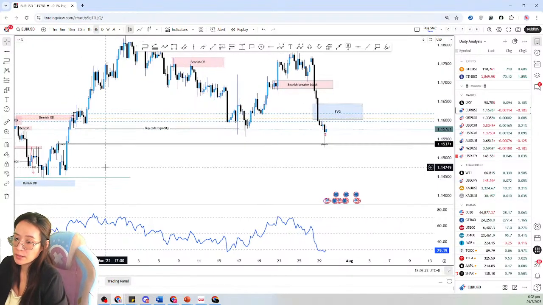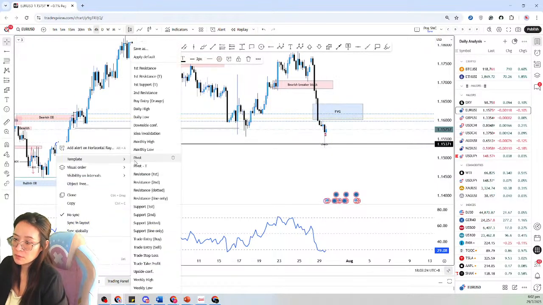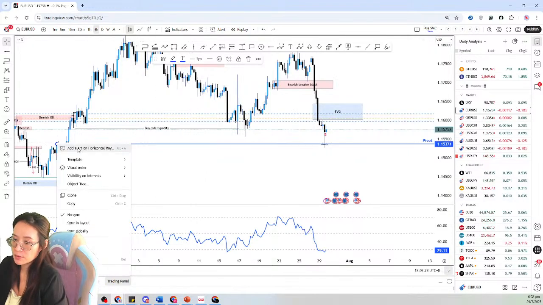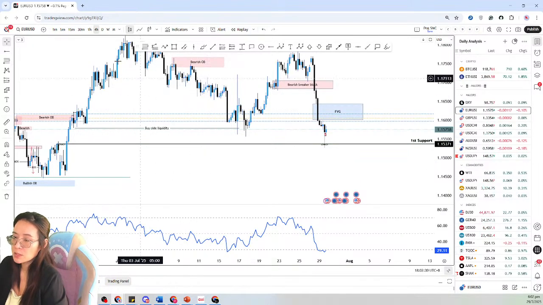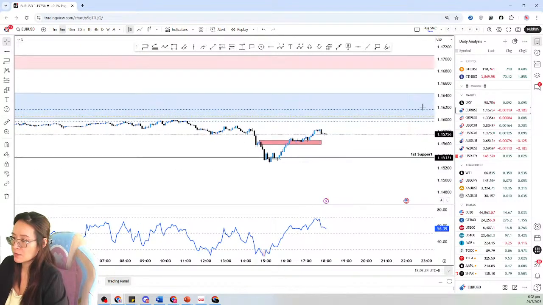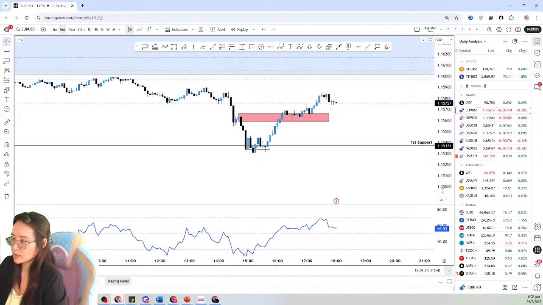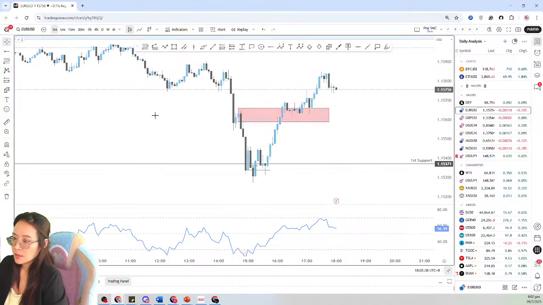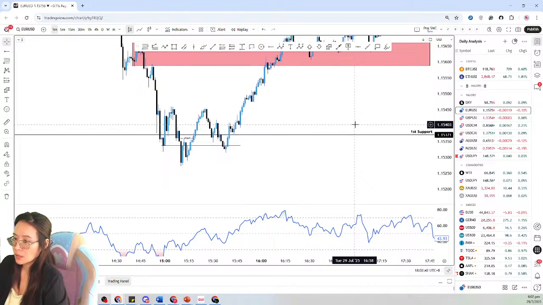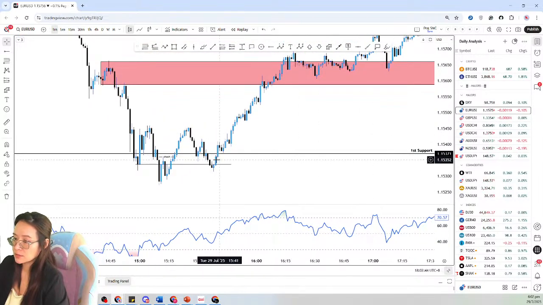For example, I will identify this as my support level, or maybe I put a pivot point where I want to buy. So whenever price falls to that support level right here, I want to make sure whether it is okay if I want to buy at this level.